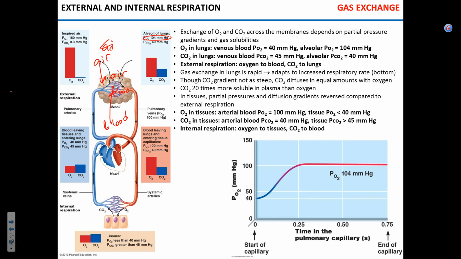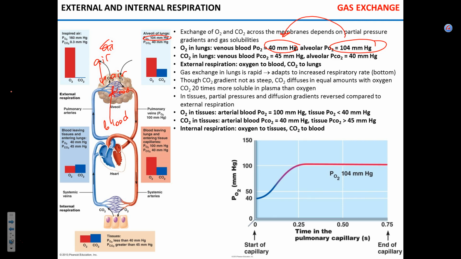What is the pressure or concentration of oxygen in the blood? 40. So if blood pressure is lower than alveolar, where would oxygen go? Come on, say it. Towards the blood. Yes, in the blood. There are going to be no hard questions here. It's absolutely on the surface. Okay, so oxygen goes in the blood.